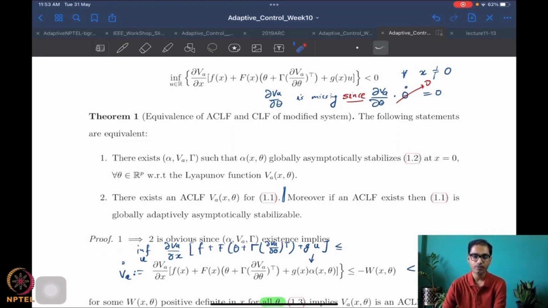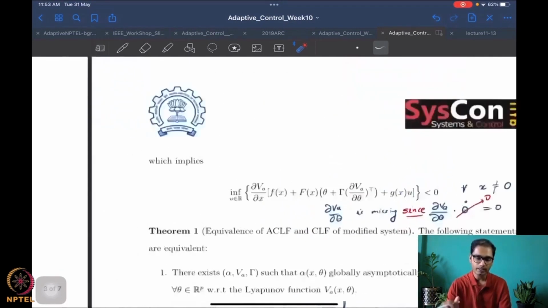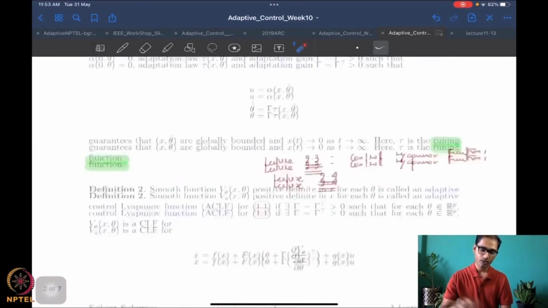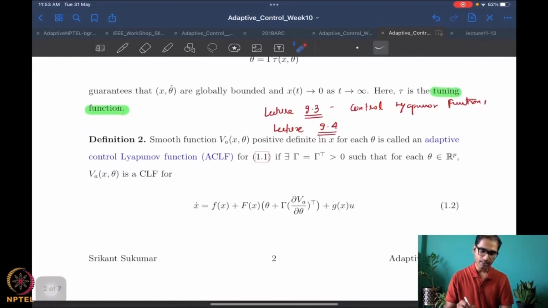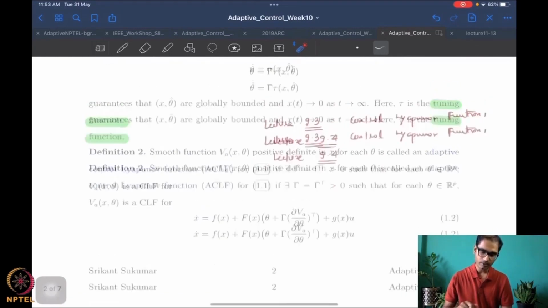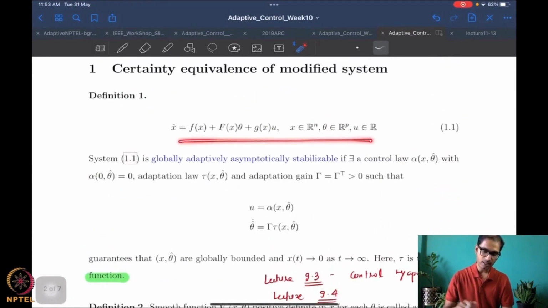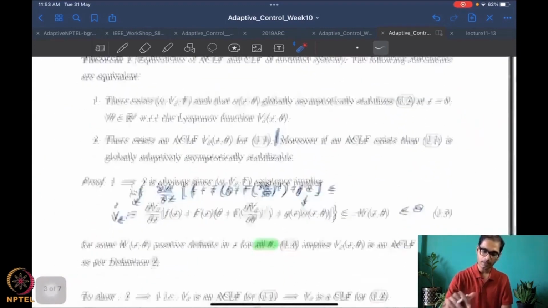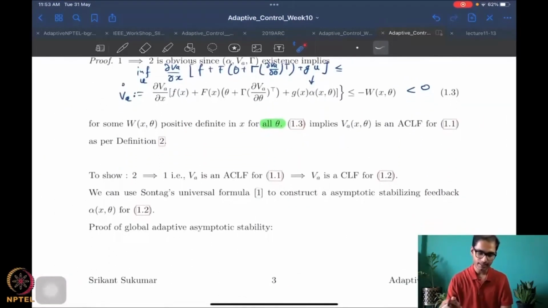That's the idea, and that's what we want to see now. And that is an adaptive control law for the original system, not for 1.2, which is the modified system. So having an ACLF for 1.1 means that I can construct an adaptive controller for the system. And that's what we want to see, how to do that, or why that is the case.